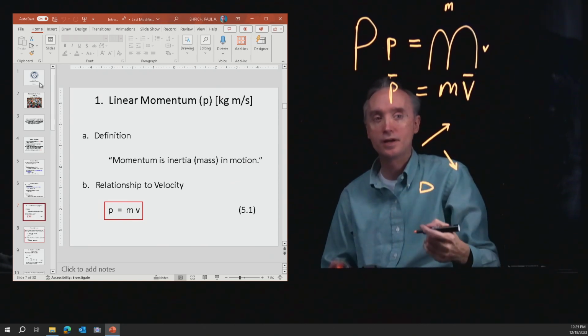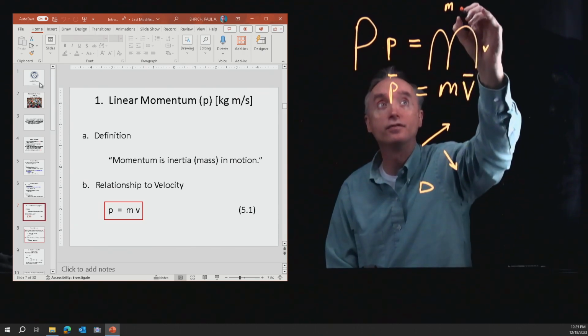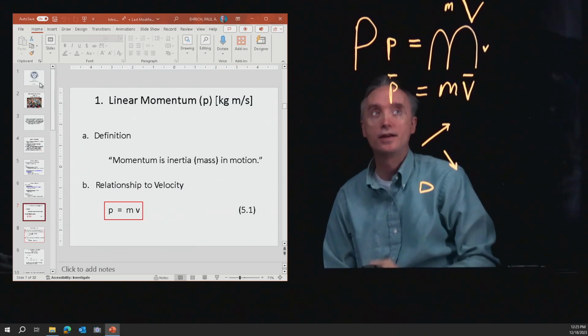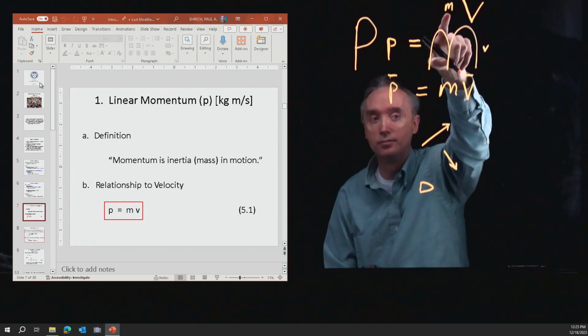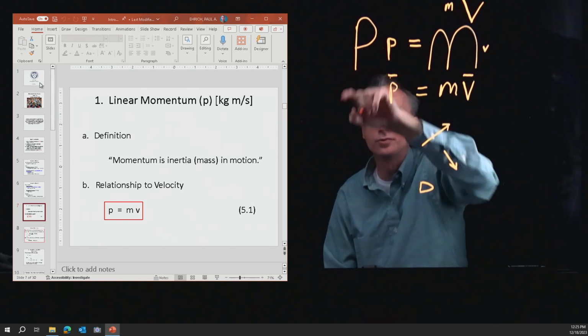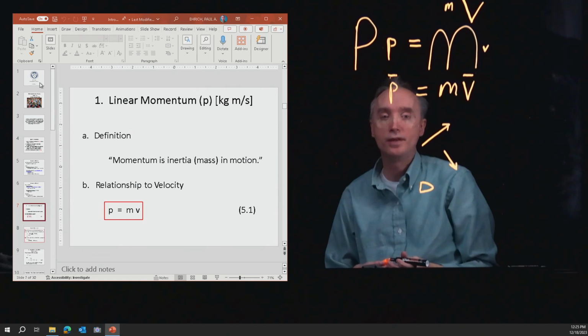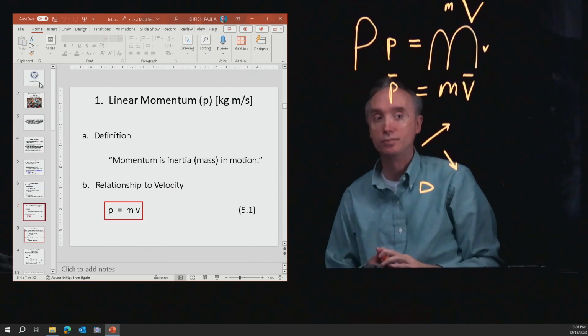Well, when it comes out of a gun, it might be traveling at 100 meters per second. So it would have a large velocity, and a large velocity times a small mass could be, again, a very large amount of momentum. So just remember that momentum not only depends on the mass of the object, but it also depends on how fast it's moving.